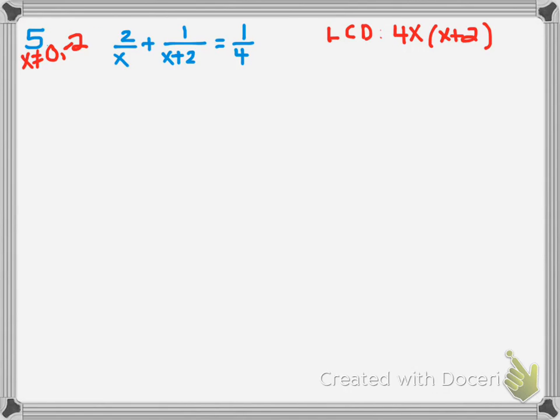So for the first one, I'm going to multiply it by 4 times x plus 2. I'm going to squeeze it in here. I'm running out of some space. On the second one, I'm going to just multiply by 4x. And on this right one, I'm going to multiply it by x times x plus 2.